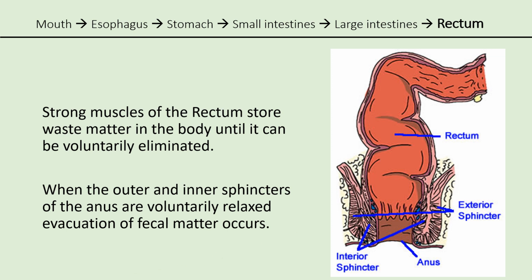So what remains of our food when it gets to this point is a lot of undigested carbohydrates. We talked about fiber and how fiber cannot be digested. It passes through us. Also connective tissue from meat that we eat, bacteria, body waste like dead cells that we need to get rid of, and just a little bit of water.